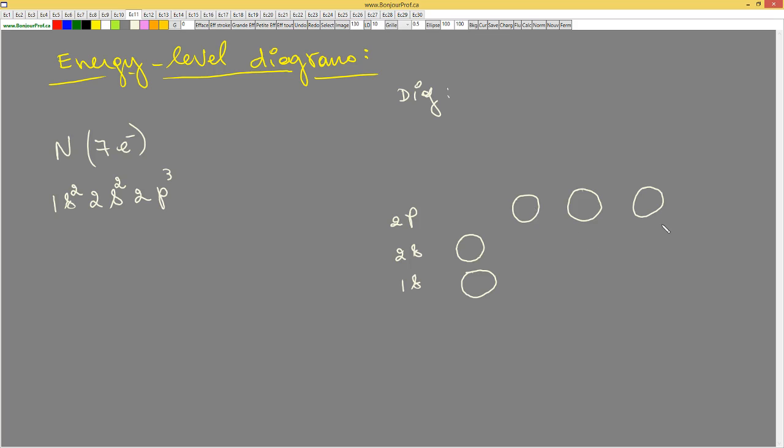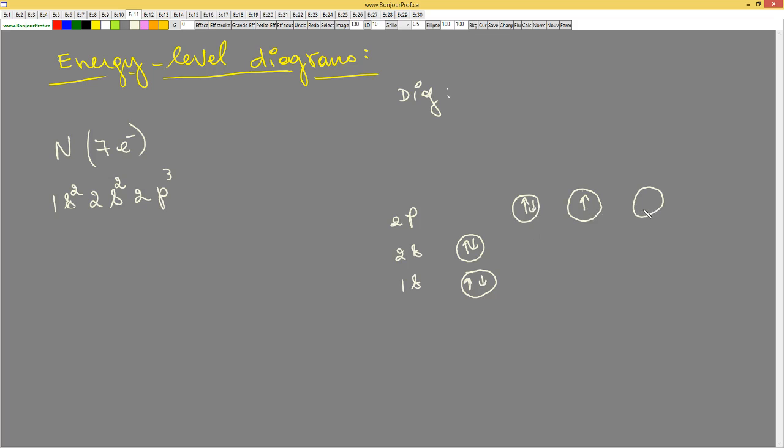So I have 3. And here I have 1s2, so I have 1 electron up, 1 electron down. This one I have 1 up, 1 down, because 2. Here I have 3. Where am I going to put 3? I will put 1 here, 1 here, and 1 here. Why? Because there are 3 rooms. Physically, it is not allowed to say I'm going to put 1 here, another here, and leave this room empty.